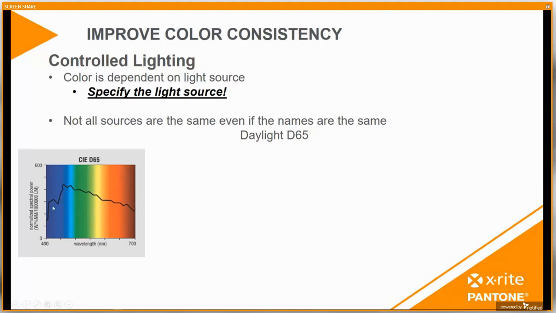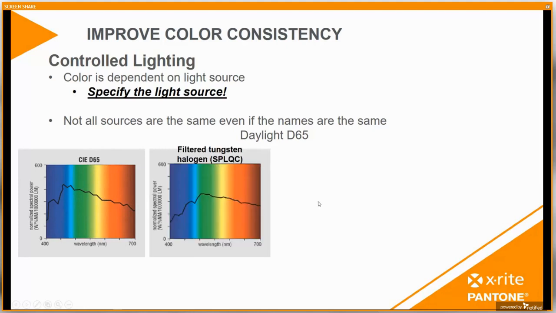Okay. I go to a light booth like the X-Rite SPLQC light booth. It has a filtered tungsten halogen light source to be equivalent to daylight D65. But you can see it's not identical. It's pretty close, but it's not identical.